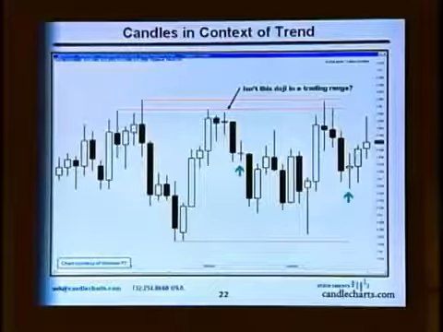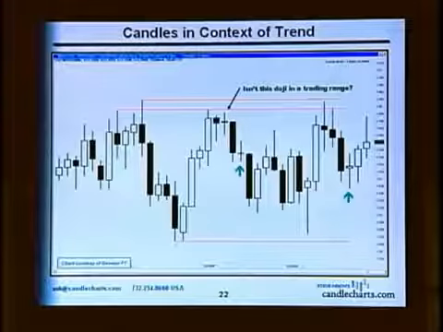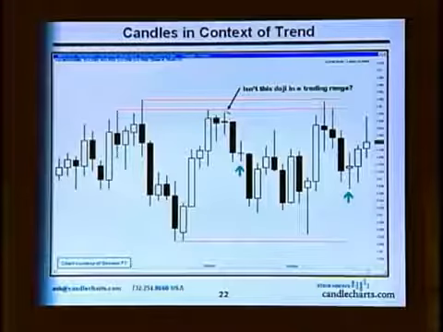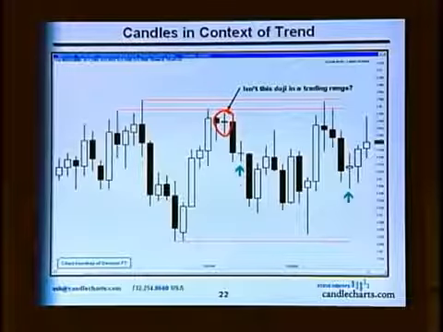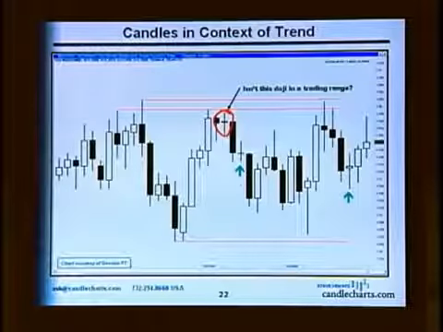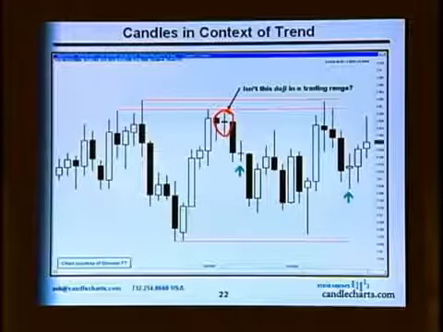Why? Because we have clean-cut support and resistance. So, okay, isn't that doji in a trading range? Yes, but what's the difference? Where does that doji emerge? The top of the range.